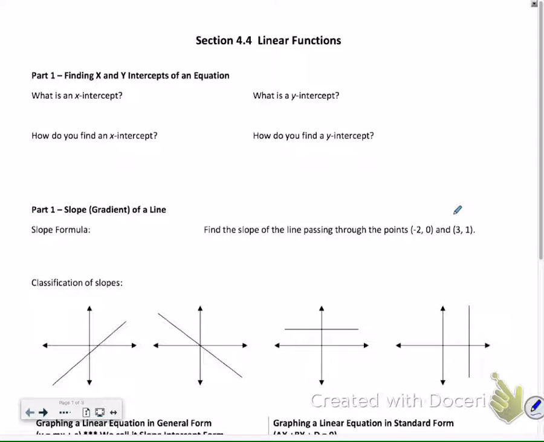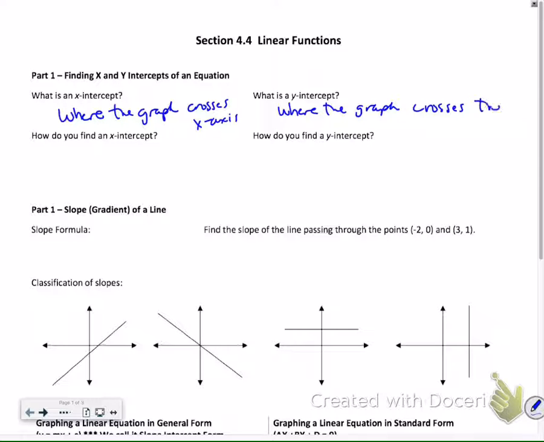Your x-intercept is going to be where the graph crosses the x-axis. And of course the y-intercept is going to be where the graph crosses the y-axis. So how do you find an x-intercept?